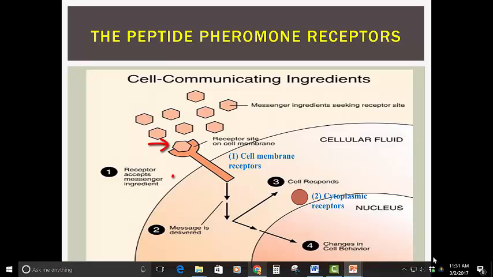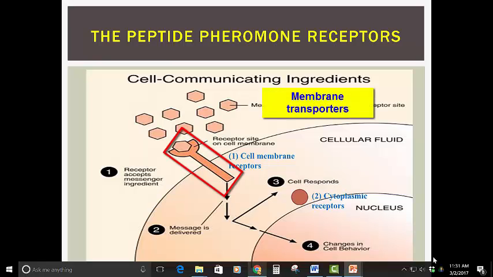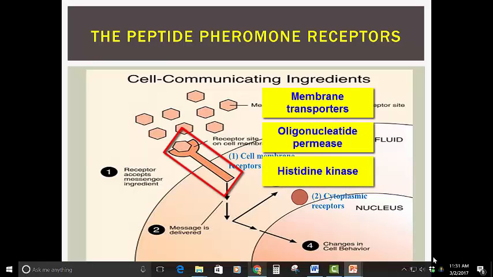Oligopeptide pheromones must bind to receptors to initiate a signal cascade. There are two types of receptors, the cell membrane receptor and the cytoplasmic receptor. The cell membrane receptor is located in the cell membrane or inner membrane of the cell. Cell membrane receptors can be membrane transporters, oligopeptide permease, or histidine kinase.